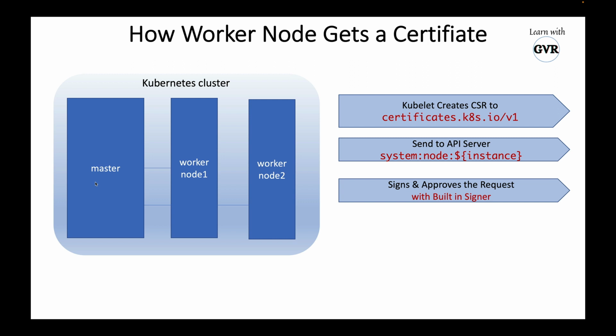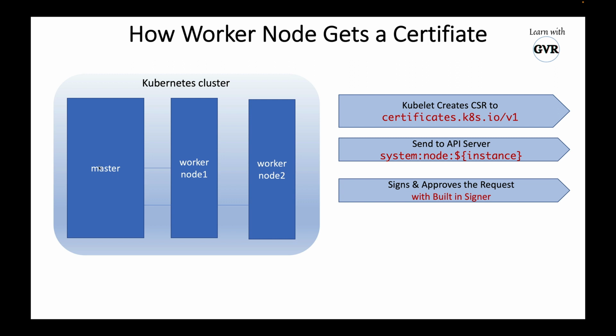Then Kube API server, it will sign and approve the request with a built-in signer. So of course it has signing capabilities. If you go to the bank, only few guys have signing capabilities, not everybody, right? Like a bank manager, where you apply for the loan, finally when the bank manager signs, then your loan is granted, something like that.